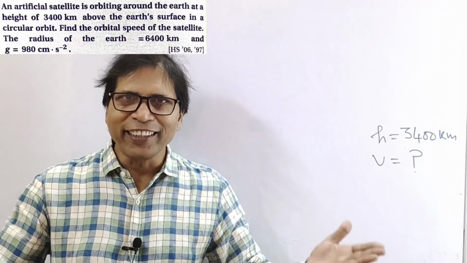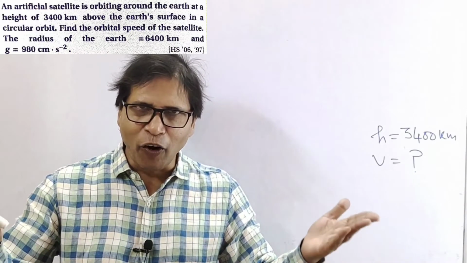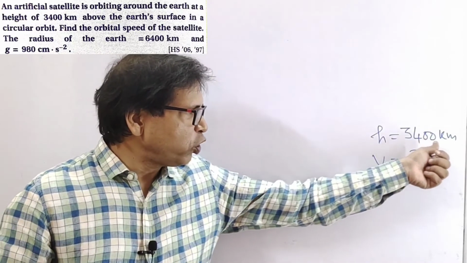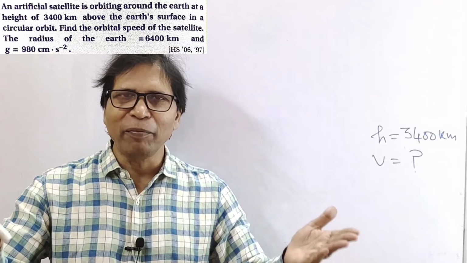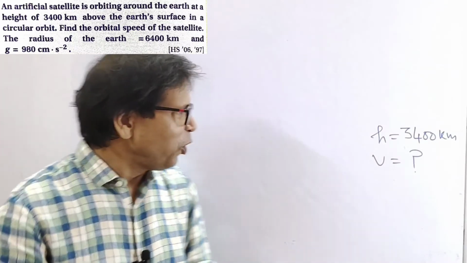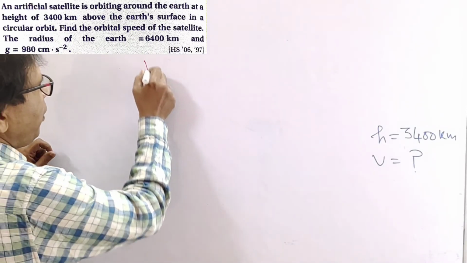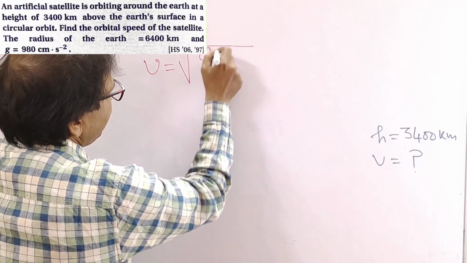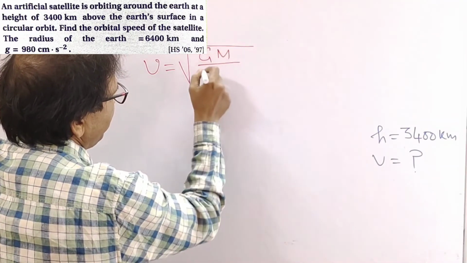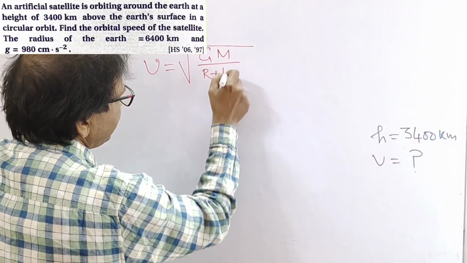Look at this, a satellite is at an altitude of 3400 kilometer. We have to calculate the orbital velocity of the satellite. The orbital velocity of the satellite v = √(GM/(R + h)).